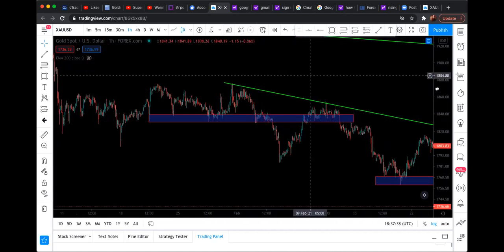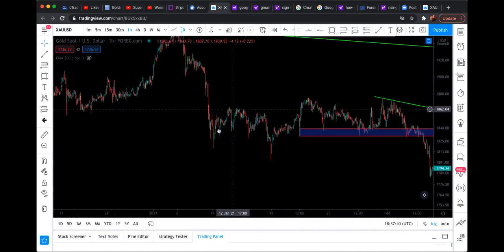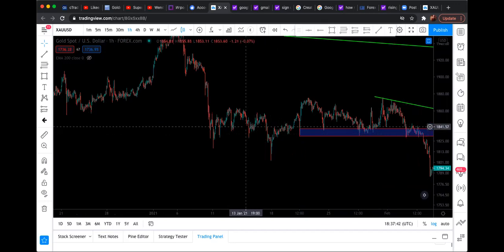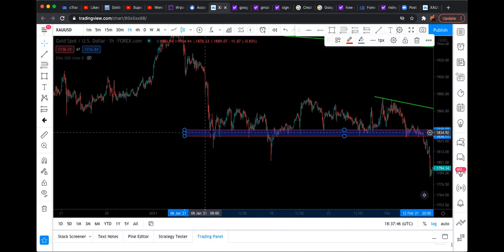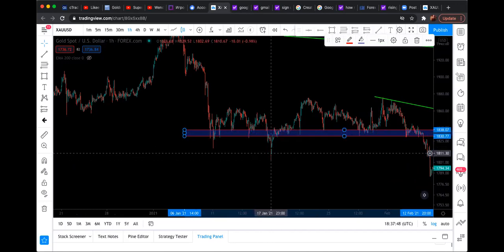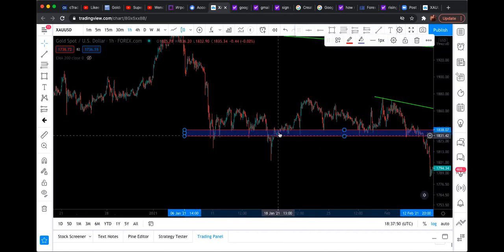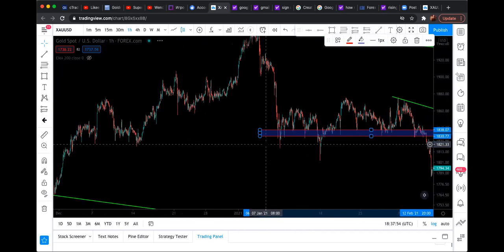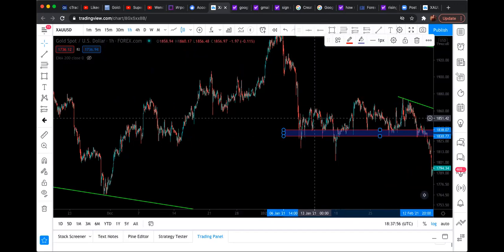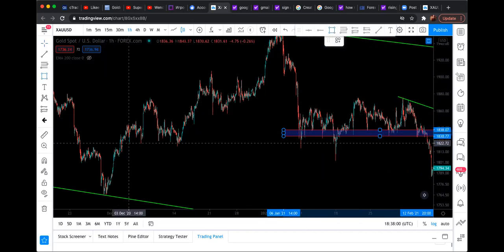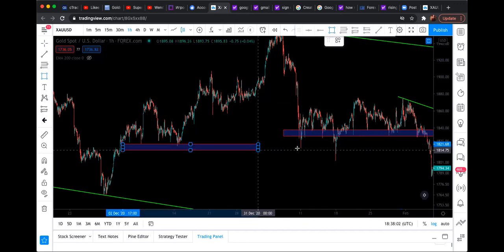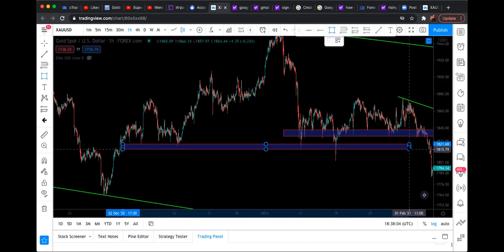I'm listening to the language, not what this is doing here because this is past. Is what I'm saying making sense to people? If you draw something like support and price does this to you, comes like this and fakes back up like this, then your support was somewhere wrong. Because if I want to trade this, I'll listen to the current areas. And what will I do? Look at this. I'll come here and listen to this language instead.